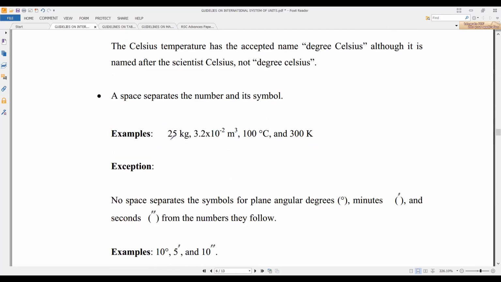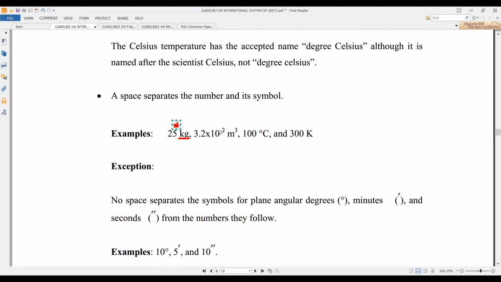So example, if I want to write 25 kg, so 25 space kg. This is how we write. Always give space between the numeral and its unit.